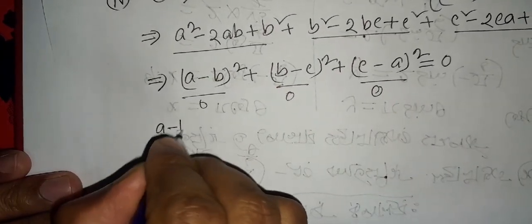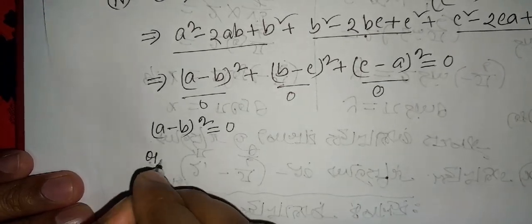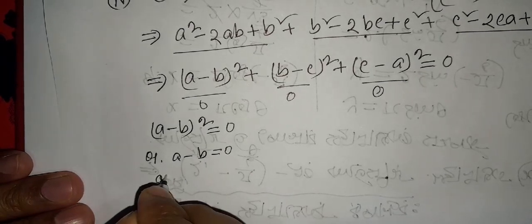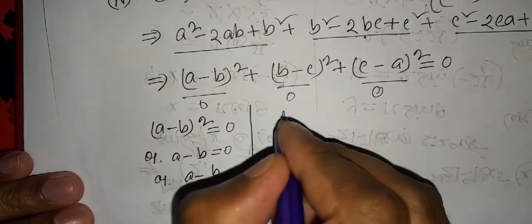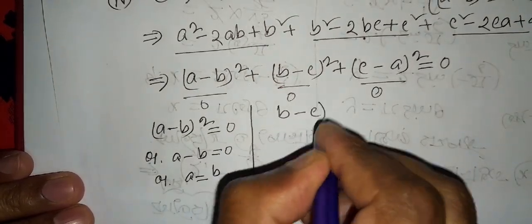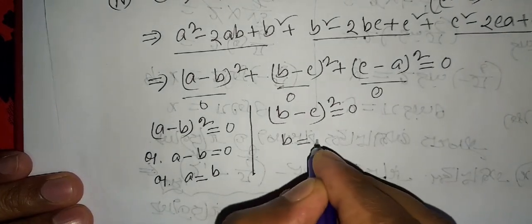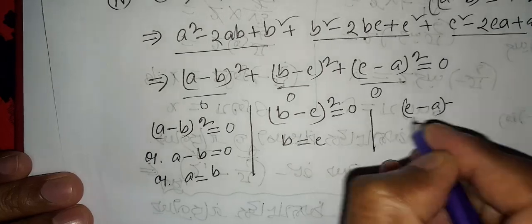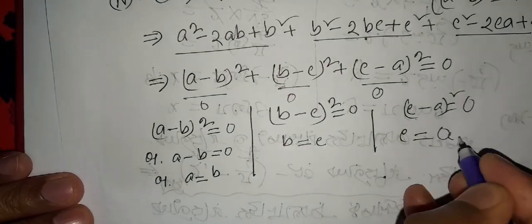So a minus b is equal to 0, or a is equal to b. Similarly we get b equal to c. Here (c minus a) square equal to 0, c is equal to a.